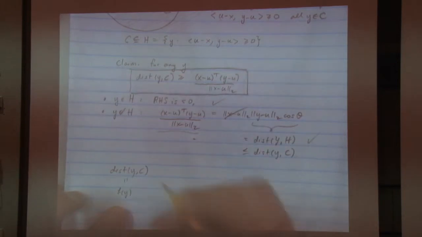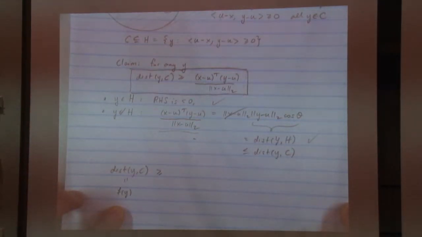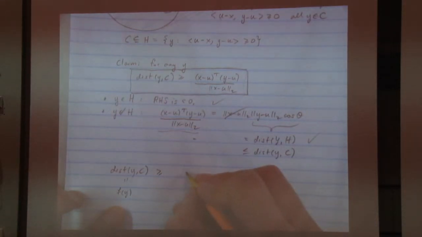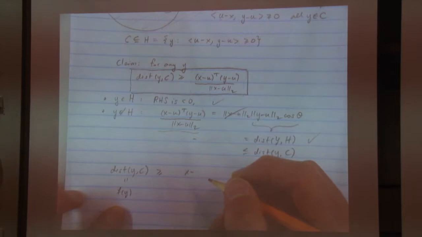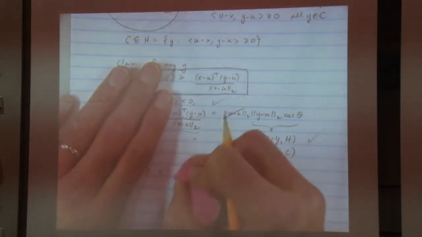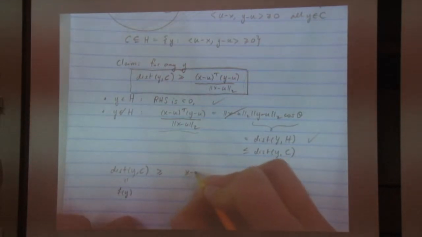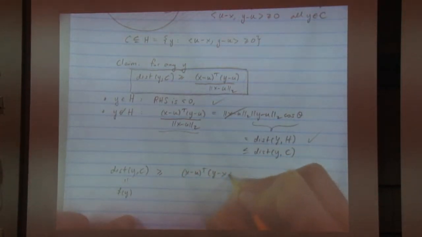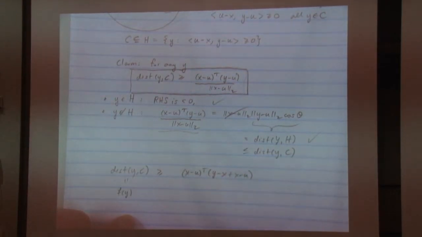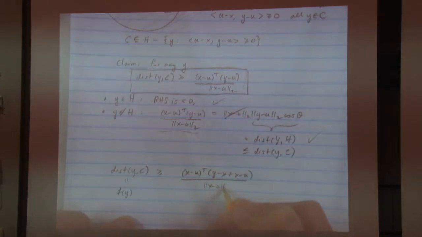We said this is bigger than or equal to, let's pull out x, say minus, and let's expand this out: (x minus u) transpose (y minus x plus x minus u) over the norm of x minus u.